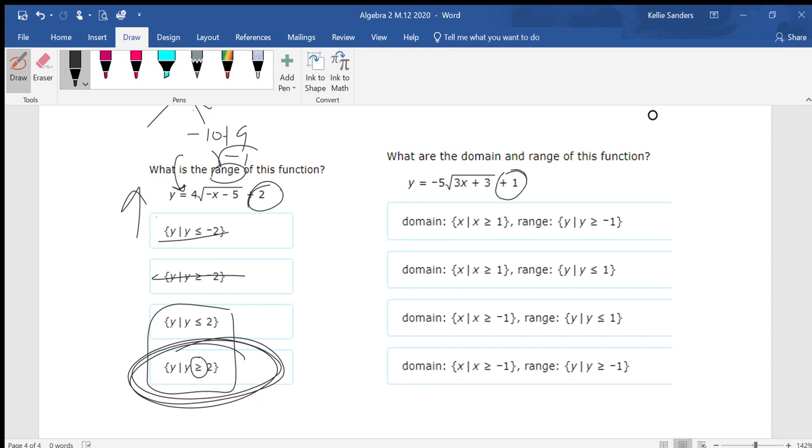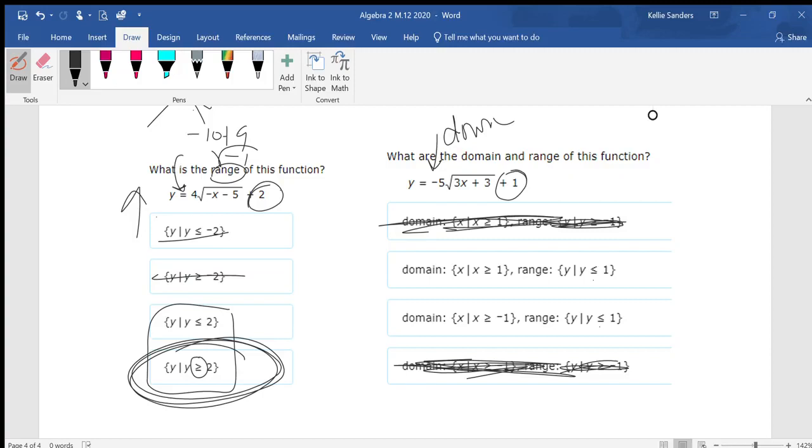Our range is going to be at positive 1. That is not positive 1, so it's not going to be that one, and this is not positive 1, so it's not going to be this one. And it is going to go down because that sign right there says it's going to go down. And both of these are less than, so I can't take away any of those.